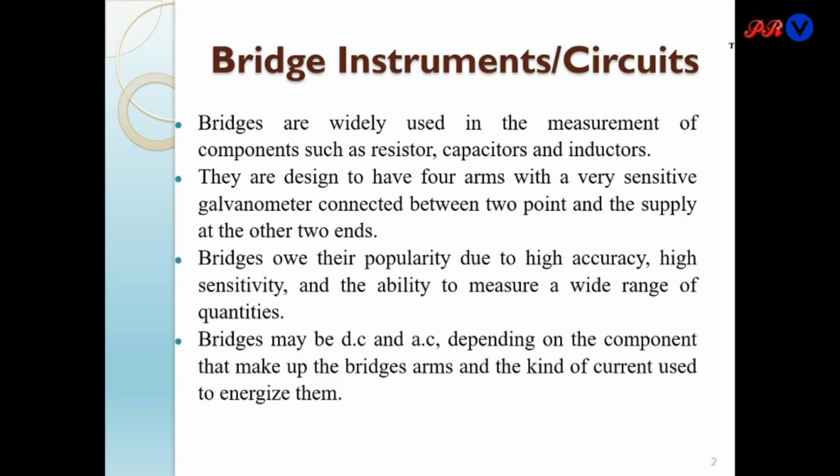So we have to study two types of bridge here, DC and AC. In case of DC bridges we will apply a DC source, and in case of AC bridges we will apply an AC source. DC bridges are used to measure only resistance, while AC bridges can measure resistance, inductance as well as capacitance.